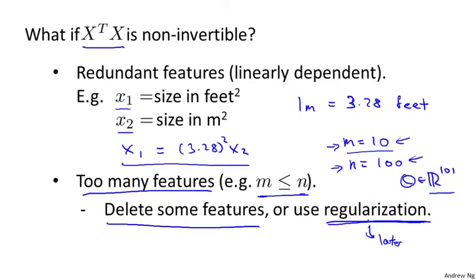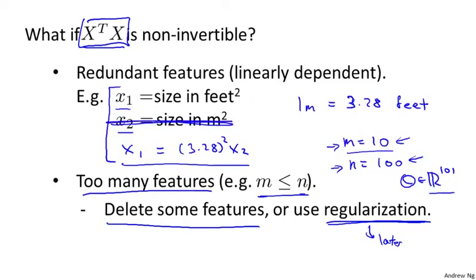But to summarize, if ever you find that x transpose x is singular, or alternatively you find it is non-invertible, what I would recommend you do is first look at your features and see if you have redundant features like this x1, x2, being linearly dependent or being a linear function of each other. And if you do have redundant features, and if you just delete one of these features, you really don't need both of these features.